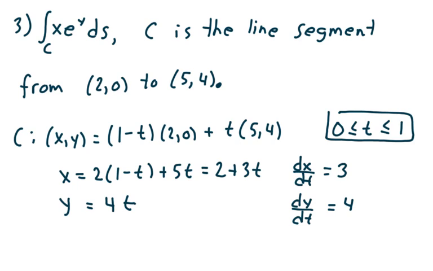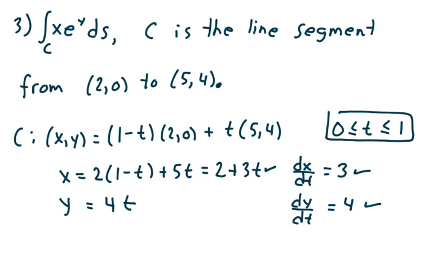So if I take this a step further, we're going to equate the x components and equate the y components. So x is 2 times 1 minus t plus 5t, which is equal to 2 plus 3t. y ends up equaling 4t. Now, dx/dt is equal to 3, dy/dt is equal to 4.